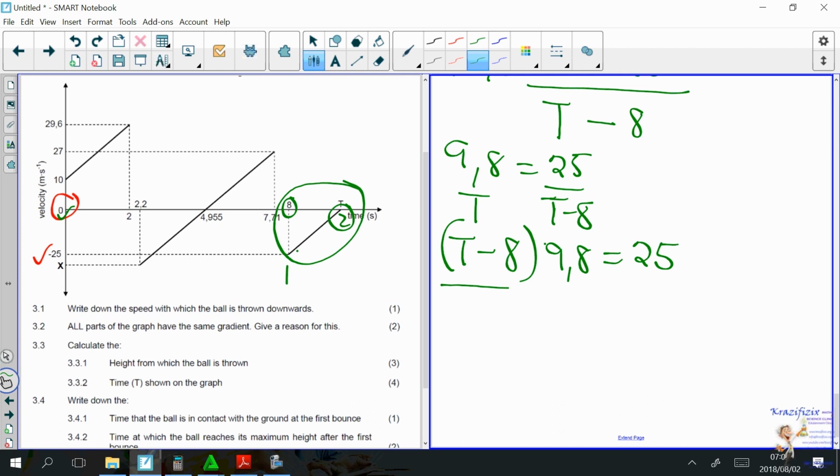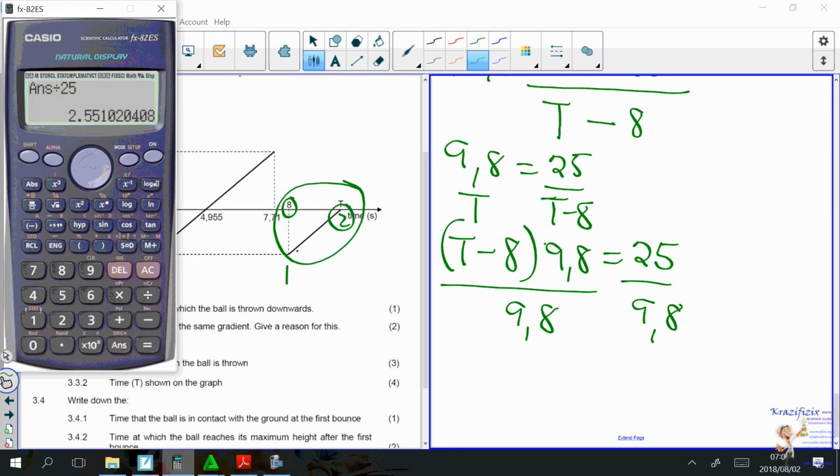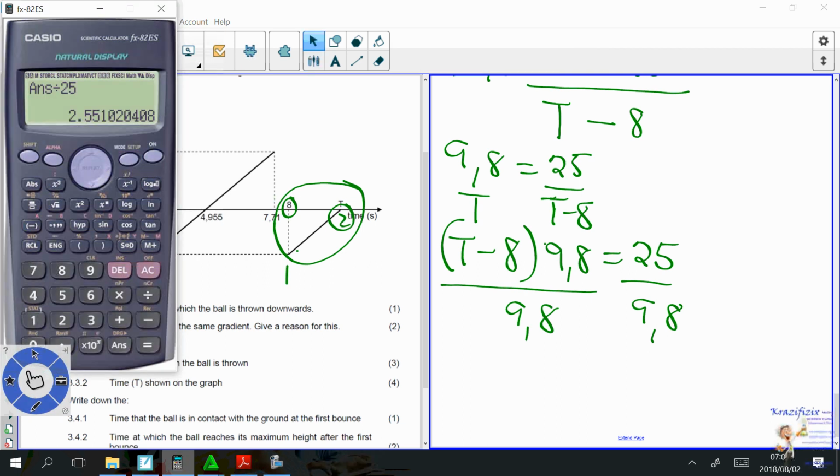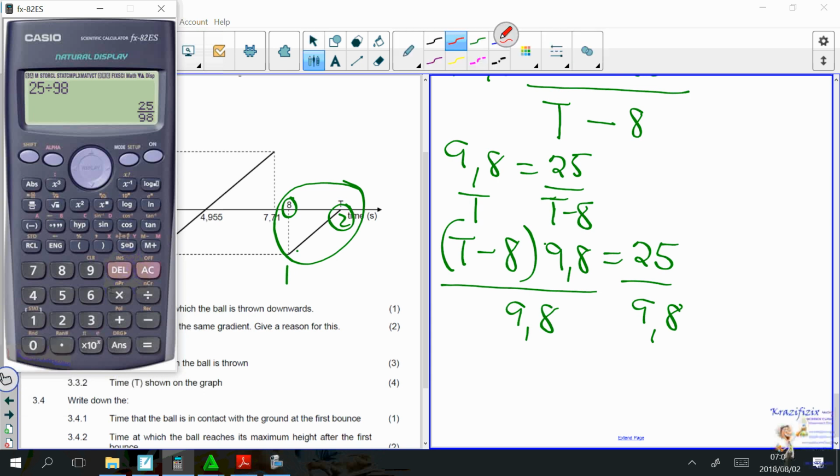Let's make our maths very easy. Divide both sides by 9,8. What are we going to get? I'm going to run to my calculator quickly. 25 divided by 9,8 would give me 2,55.